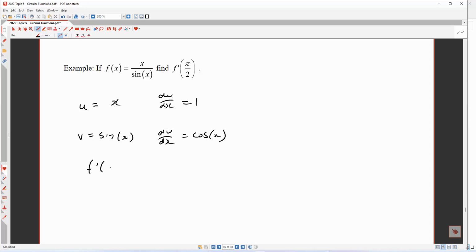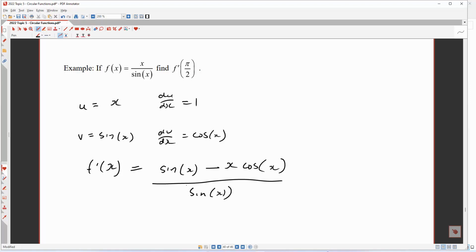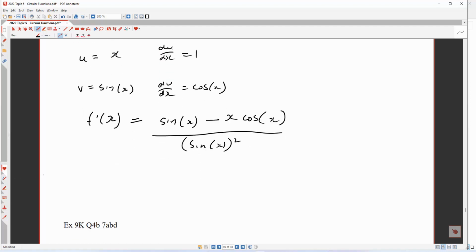So f dash x is going to be v du dx, so that's the sine of x, take away u dv dx, x cosine x, all over v squared, which is the sine of x all squared. So that's the first part, which is the derivative.